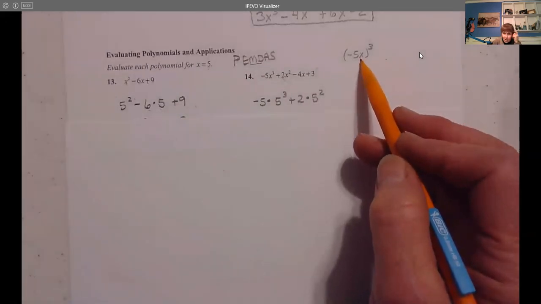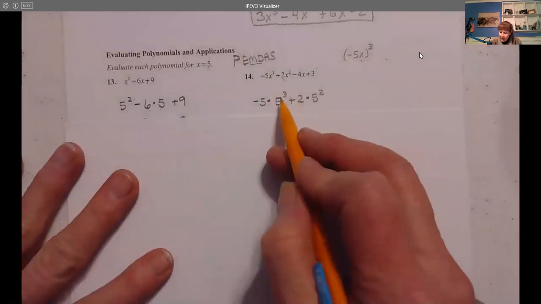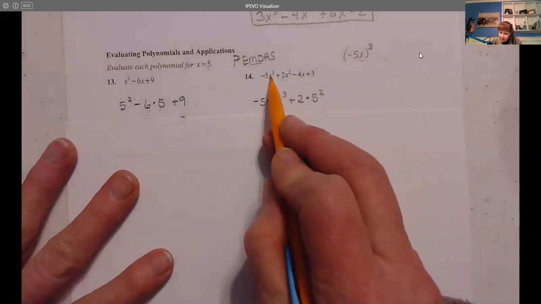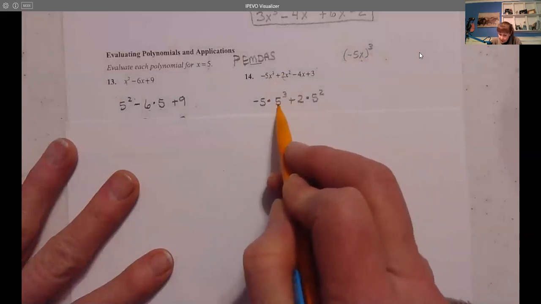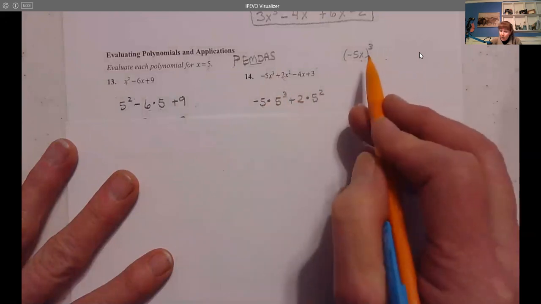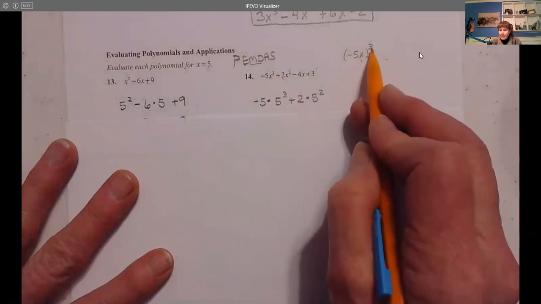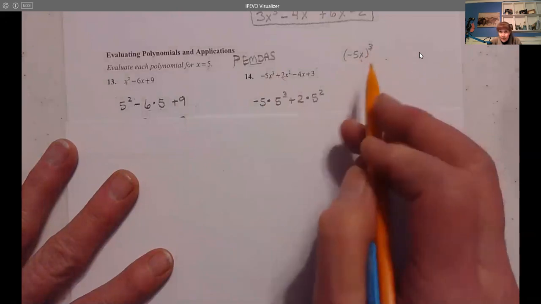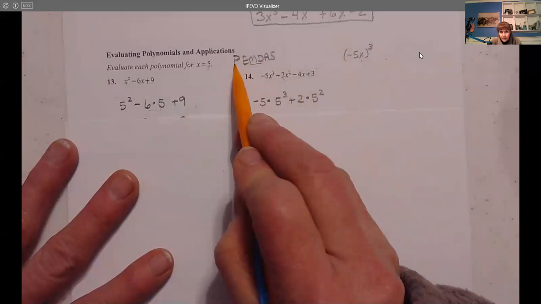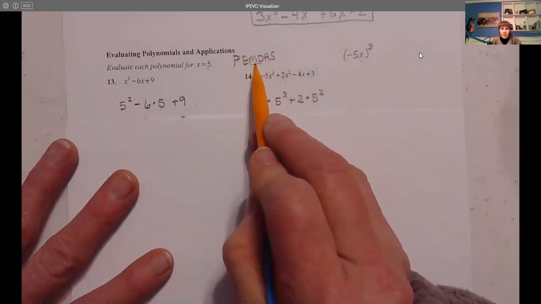But anyways, so let me go back over this. Again, here you would do the power first and then multiply by a negative 5. Now, this is an example of when you would multiply and then cube it. It has to be in parentheses, or the exponent will come before the multiplying.